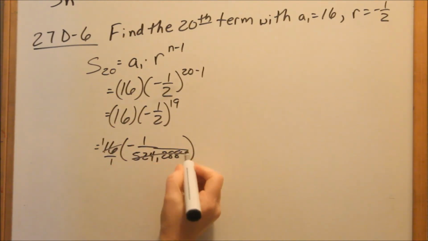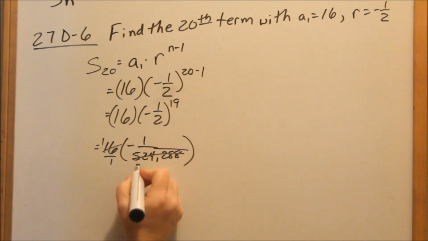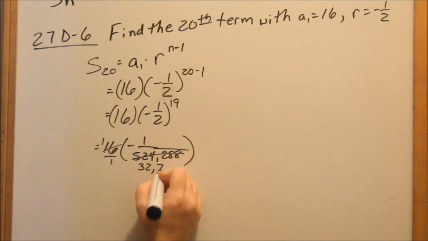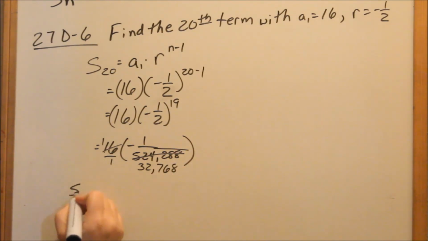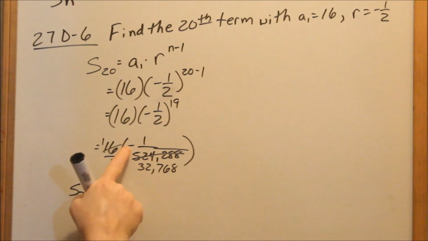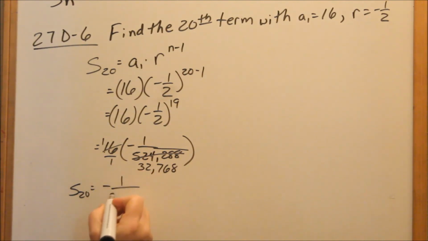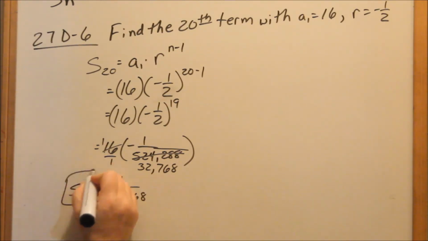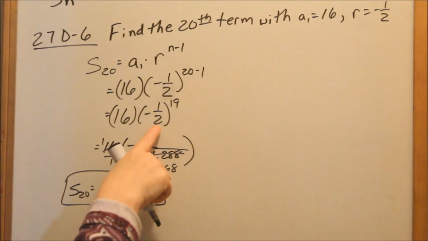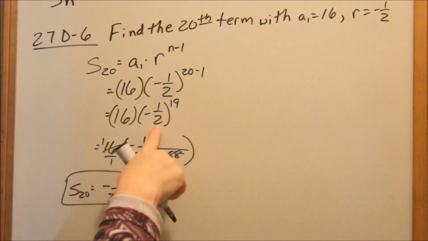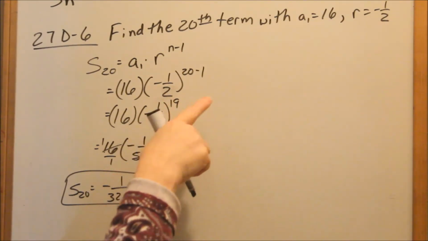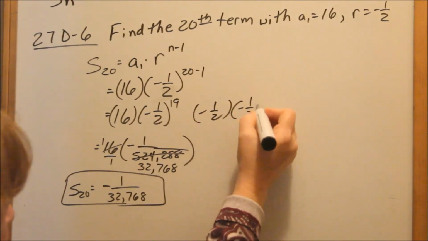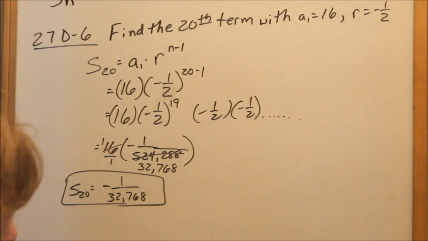This reduces by 16 to become 32,768. So the 20th term is going to be negative, don't lose that negative sign, negative 1 over 32,768. Whenever you have a fraction raised to a power, you can do the numerator to that exponent and the denominator to that exponent, because literally that's like negative 1/2 times negative 1/2, all the way 19 times.